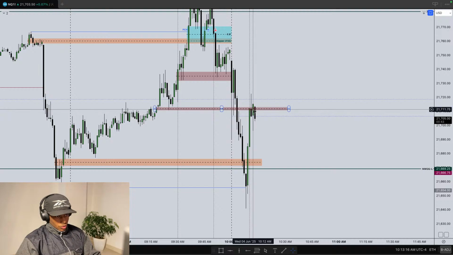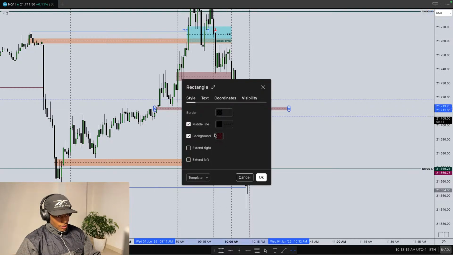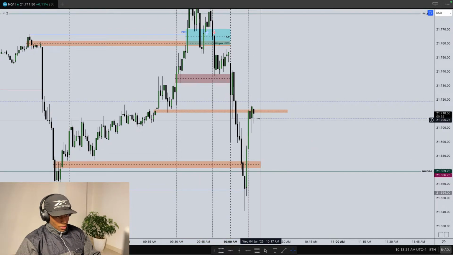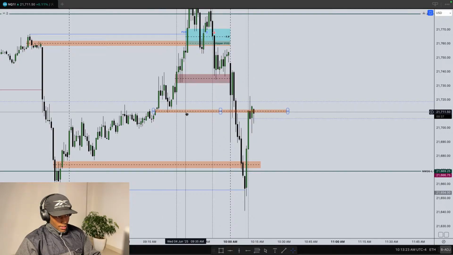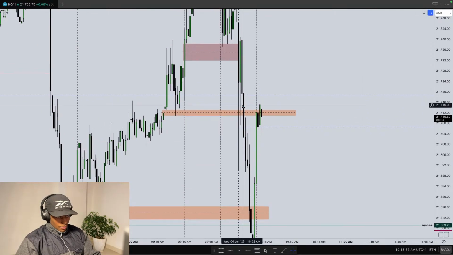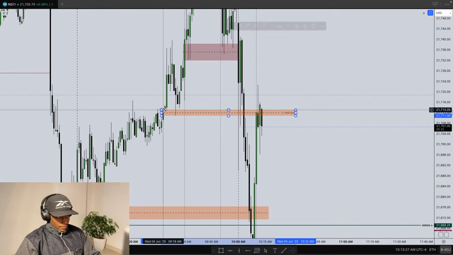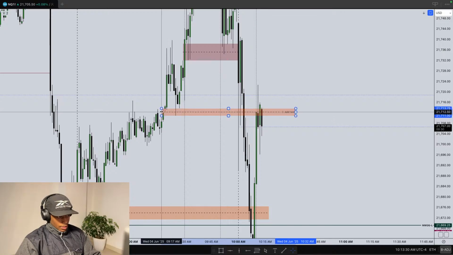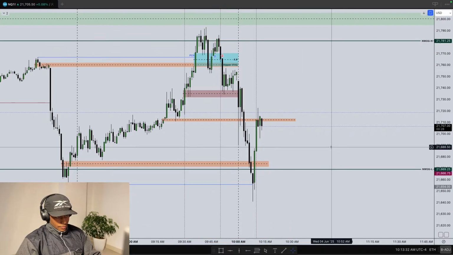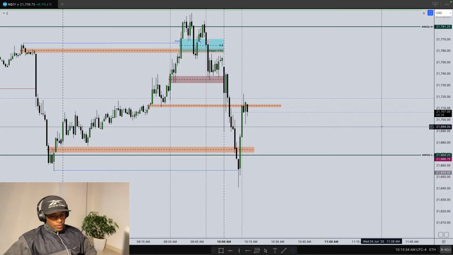Okay, we just closed above this inversion in here, but I wouldn't say that disqualifies this inversion. Why? Because there's also a CB in here. I'll just be careful. So now we wait for 10:15 to 10:17. If in between that time frame we get PD arrays that show us that we want to start going lower, I would take that as a sell.